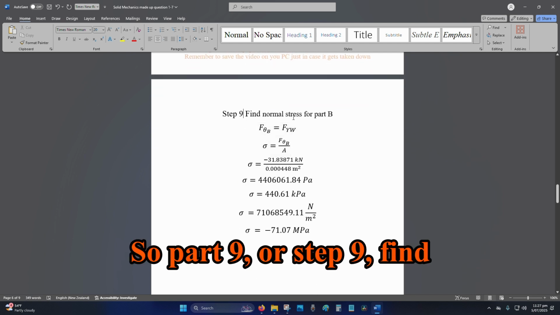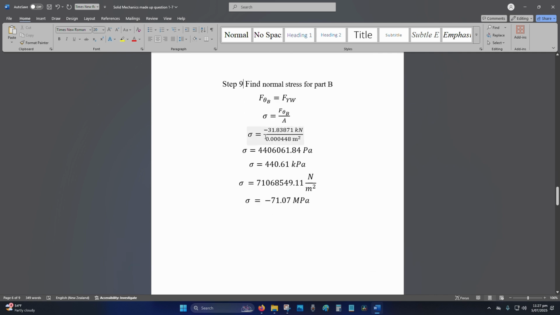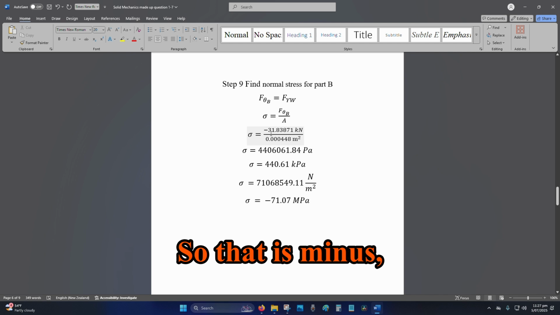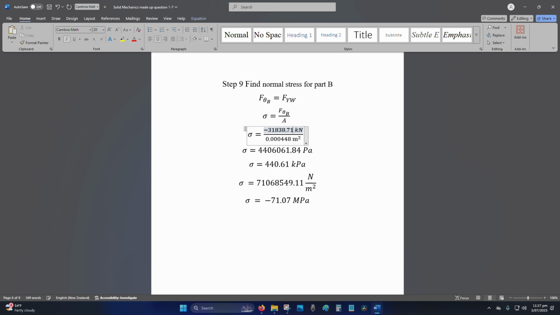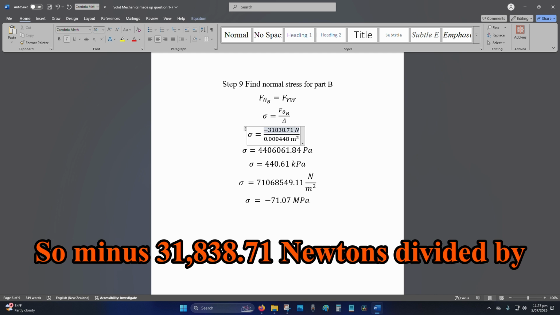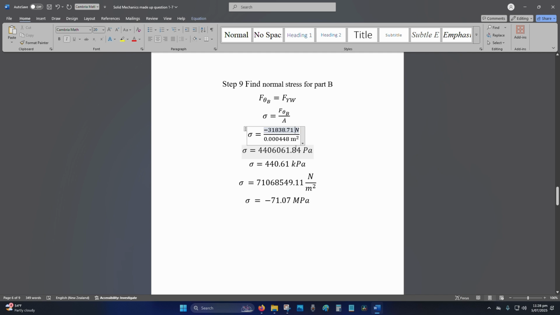So step 9, find the normal stress for part B. So that is minus, actually that should be newtons. So minus 31,838.71 newtons divided by 0.000448 meters squared.